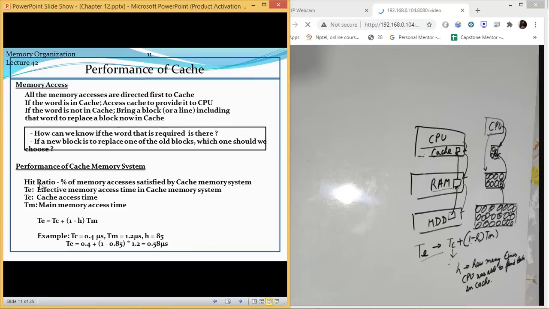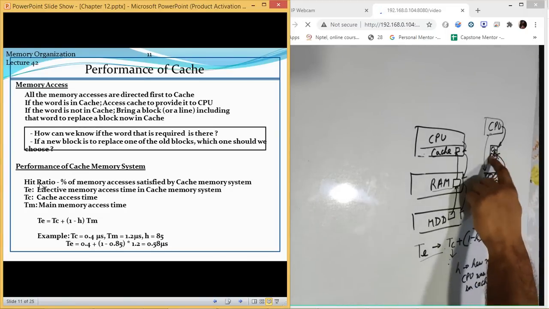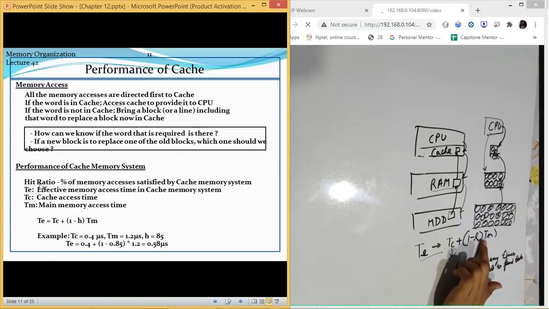So for how many times it was not able to find, whatever value we have for H, subtract it from 1. Then why are we multiplying it with memory time? Because if it is not able to find it here, it needs to visit this place. That is why we are multiplying it with Tm.